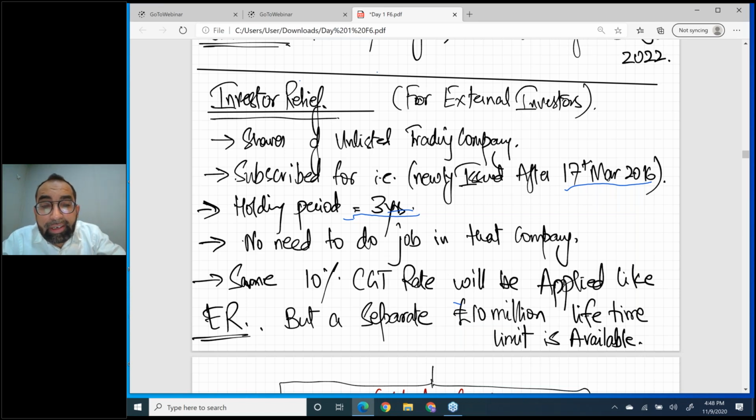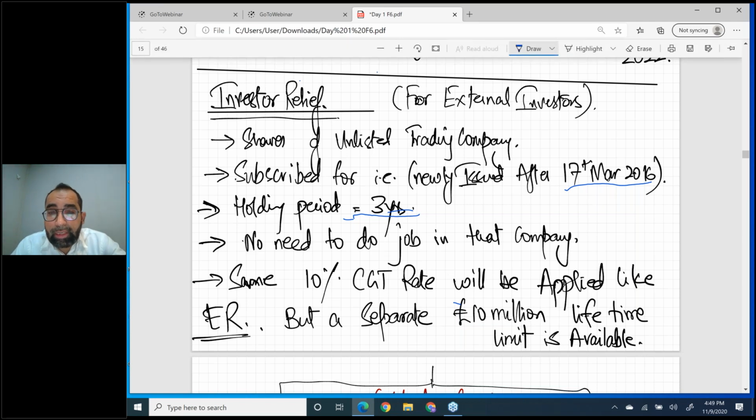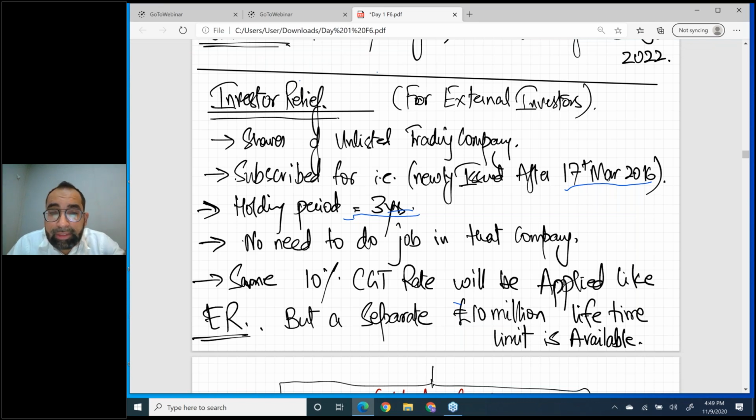Here you have a separate 10 million lifetime limit available. So the entrepreneur relief 10 million limit is separate, and the investor relief 10 million limit is separate. Both are separate limits, but once you have used both, then you are not eligible for these reliefs. So don't forget to read this. This is coming nowadays. Many students are saying that last time they also tested this.